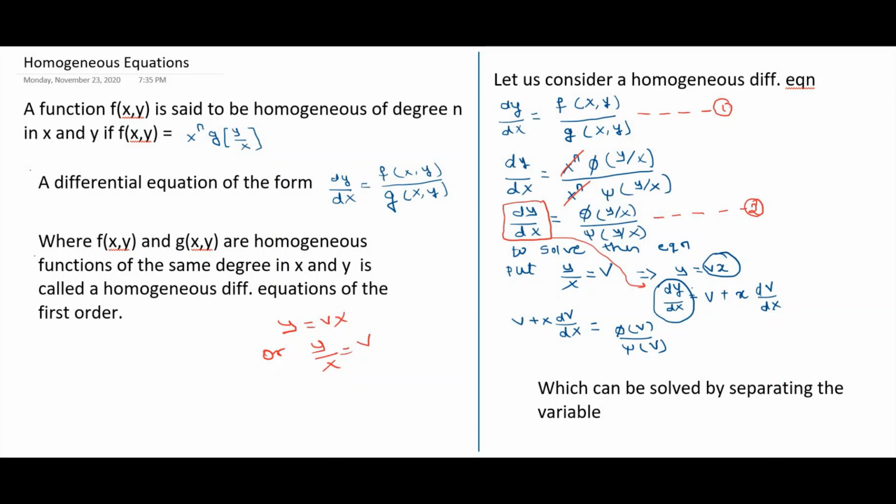Both are one and the same. And homogeneous differential equation means homogeneous functions of the same degree in x and y. If x and y have the same degree, then such functions are called homogeneous functions, that is, homogeneous differential equations.